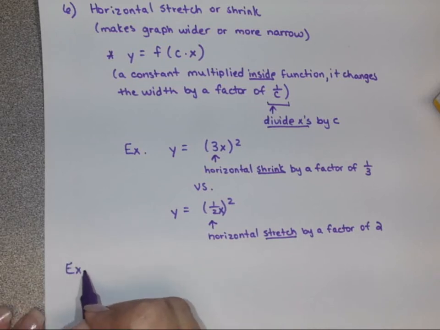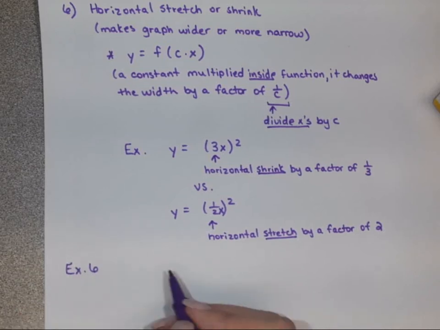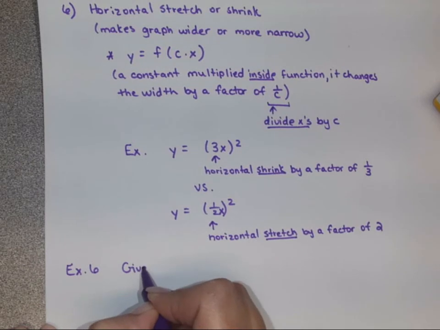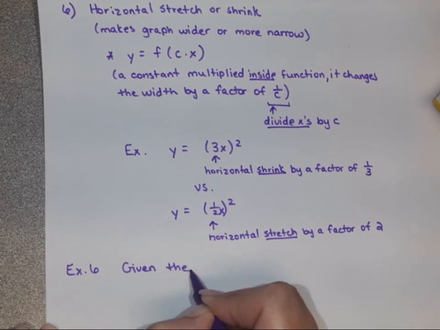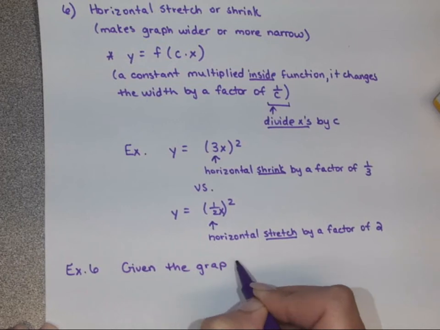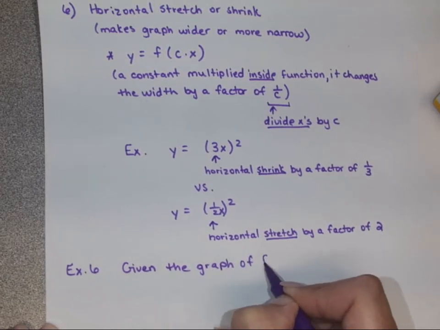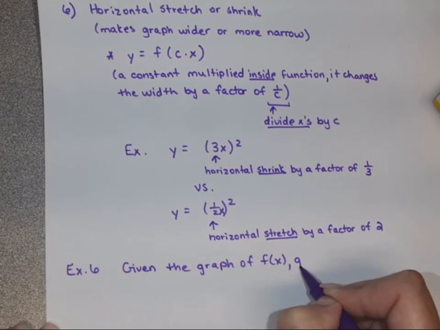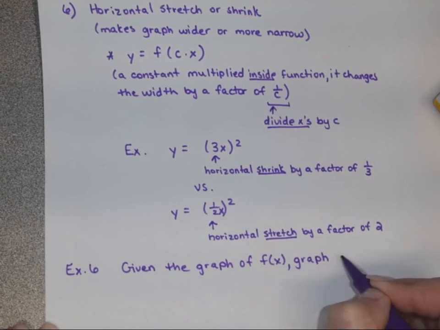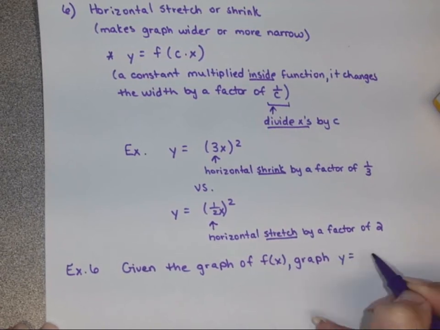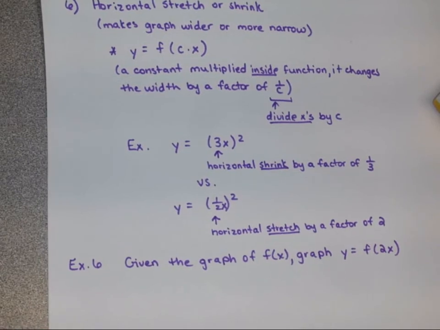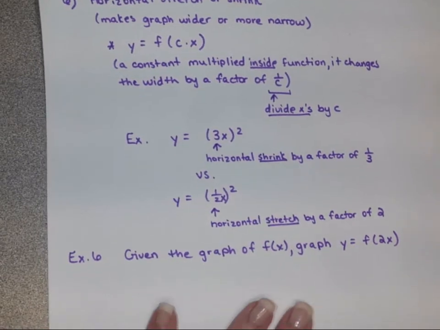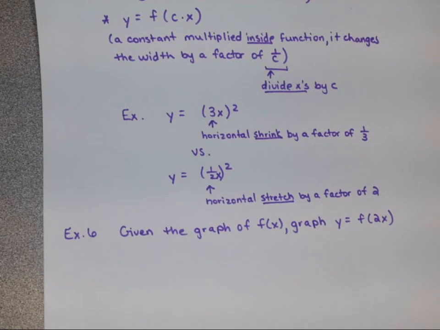Okay, so let's look at maybe a little triangle one like we did before. Given the graph of f(x), let's say that I want you to graph y = f(2x).